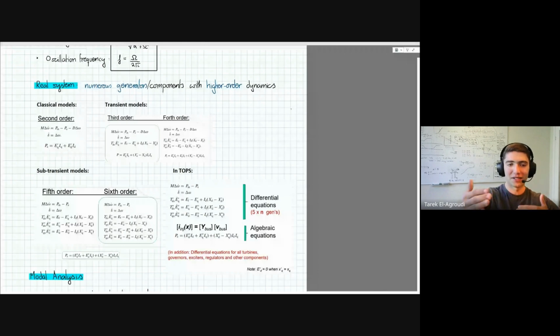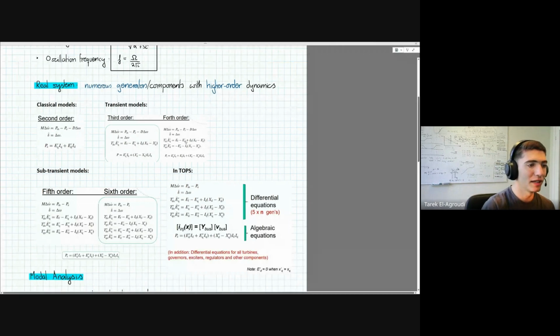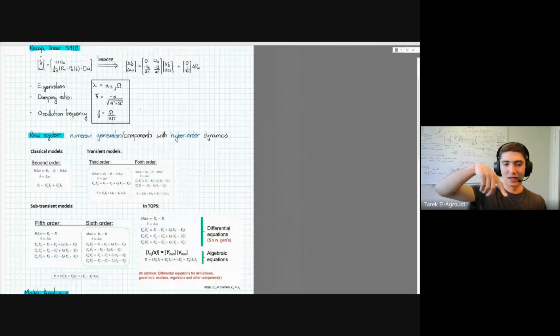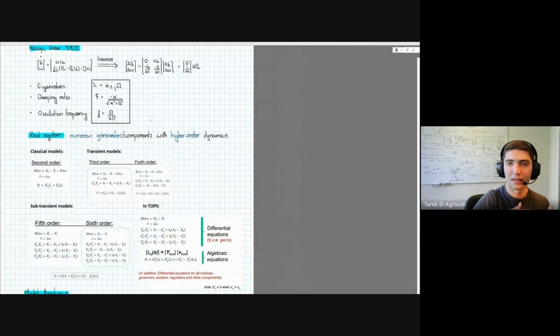Sometimes these generators swing against each other. Modal analysis is a technique to look at the oscillations or the dampings, and so look at the disturbance characteristics of your total power system and be able to attribute that to the different generators.